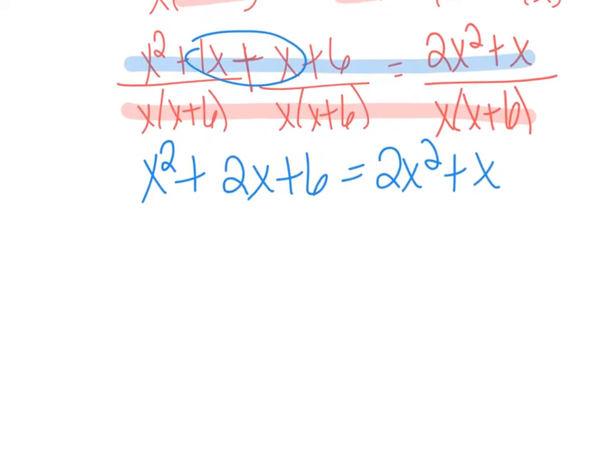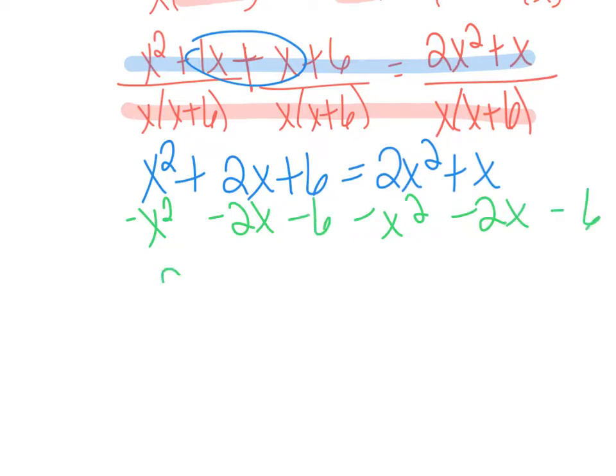Okay, when I look at this, I have a quadratic. I want to get it set equal to 0. I want my coefficient of x squared to be positive, so I'm going to go ahead and subtract x squared. And I'm going to subtract my 2x from both sides, and I'm going to subtract 6 from both sides. That leaves me with 0 over here. Then I have x squared minus x minus 6.